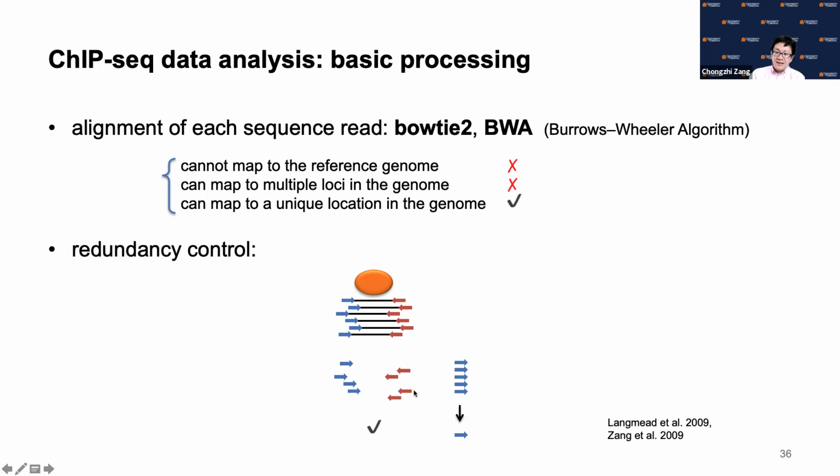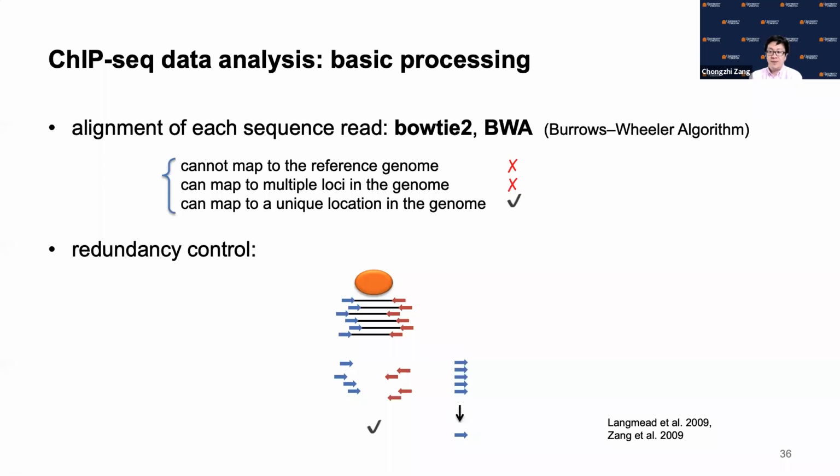It's very unlikely that many of the sequence reads have the exact same base pair coordinates, that start from the exact same base pair and end at the exact same base pair. So in this case, we usually call them redundant reads, because this type of scenario is most likely coming from DNA PCR overamplification, meaning that we overamplify the starting material.